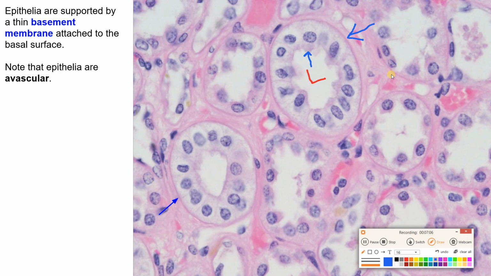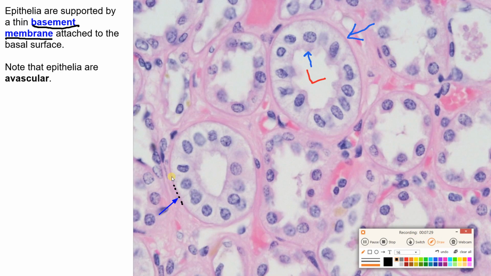And epithelial tissues are going to be supported by this thing called a basement membrane. So it's always attached to the basal surface. You can't always see it, but we can see it here. Do you see this pink line right here? Put some dots on this pink line.